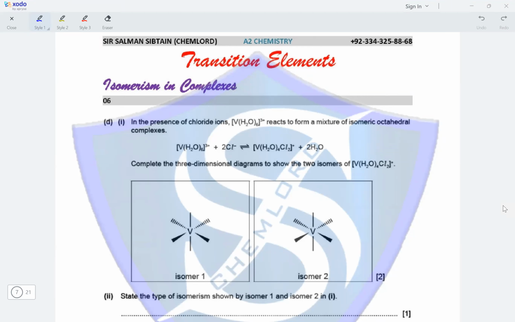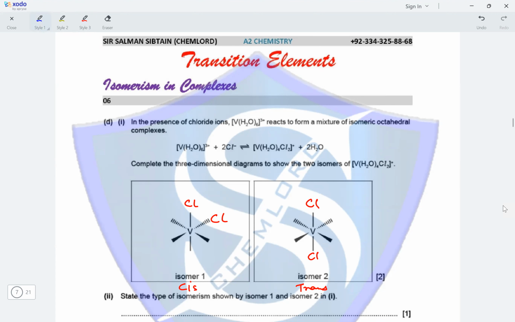So here we've got two chloride ions which can be either placed adjacent to each other forming a cis isomer, or they can be placed diagonally opposite to one another forming the trans isomer.